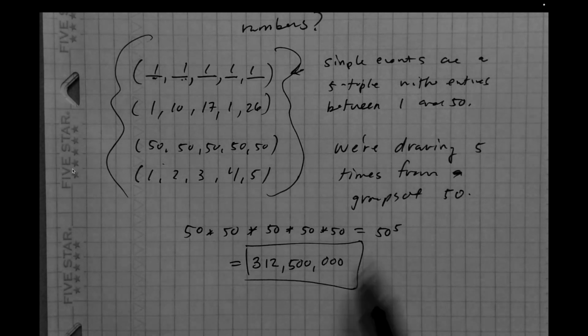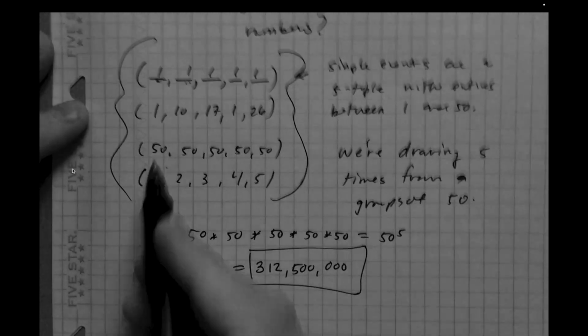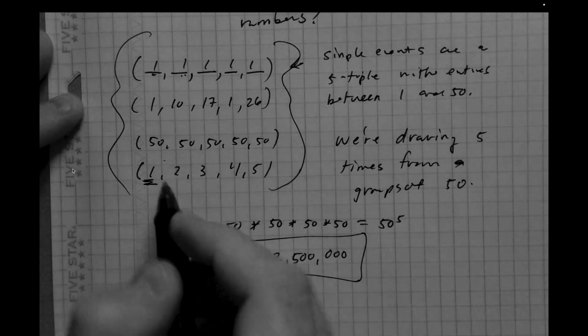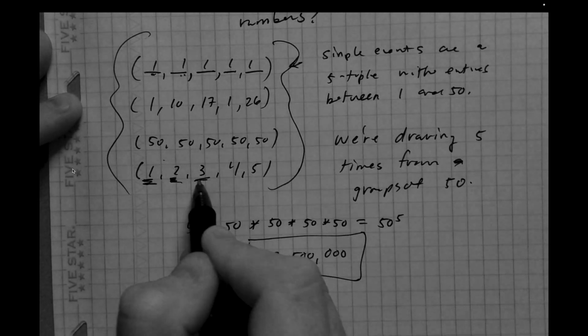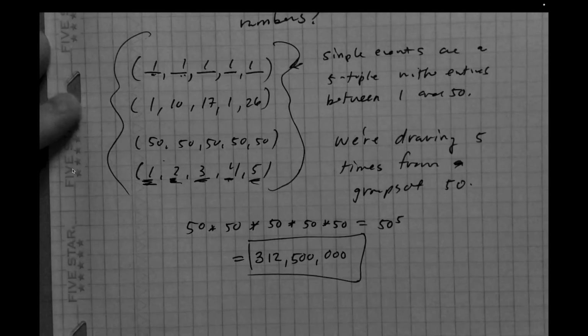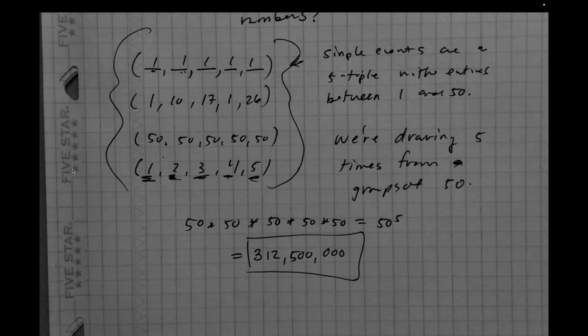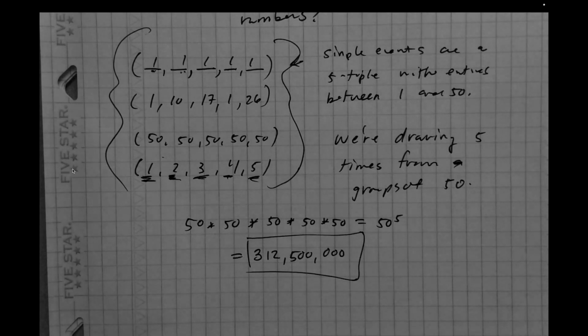And you can see this is just an extension of the MN rule. Just kind of thinking of each one of these. This is drawn from a group of 50, from a group of 50, from a group of 50, from a group of 50, from a group of 50. All right, just so happens that the M's and the N's and whatnot are all the same size. Okay, so there's a lot of possible outcomes. 312 million of them in particular.